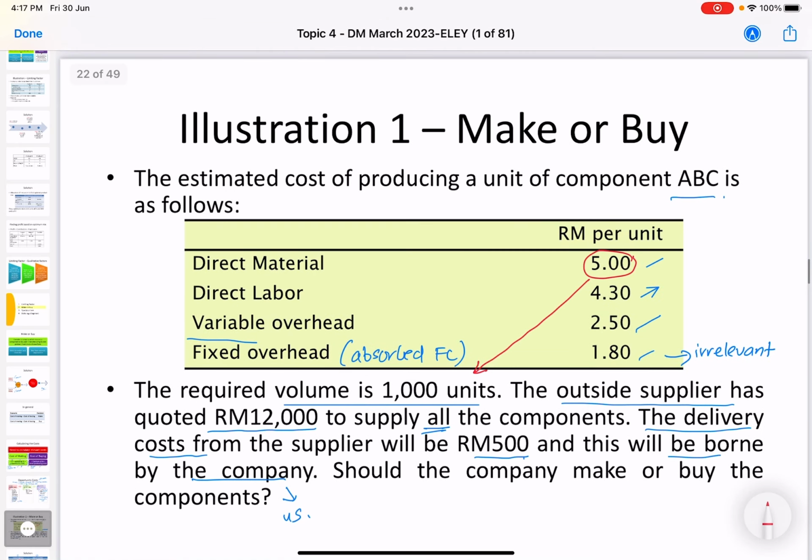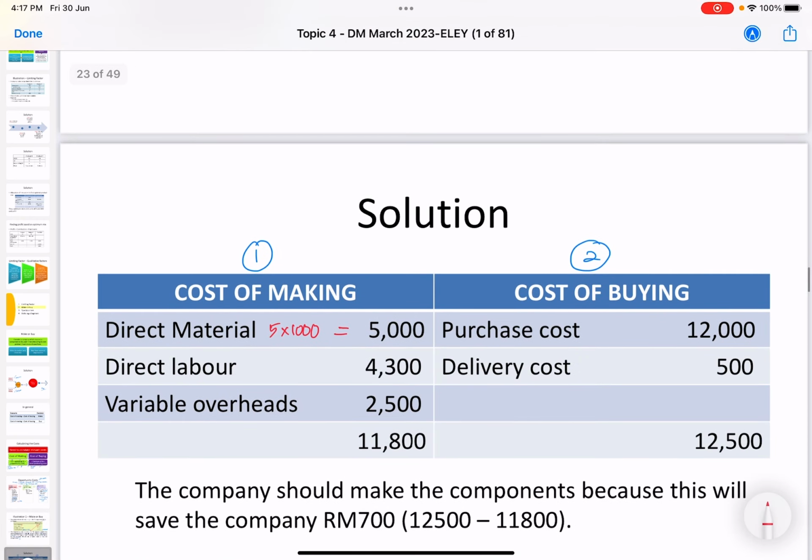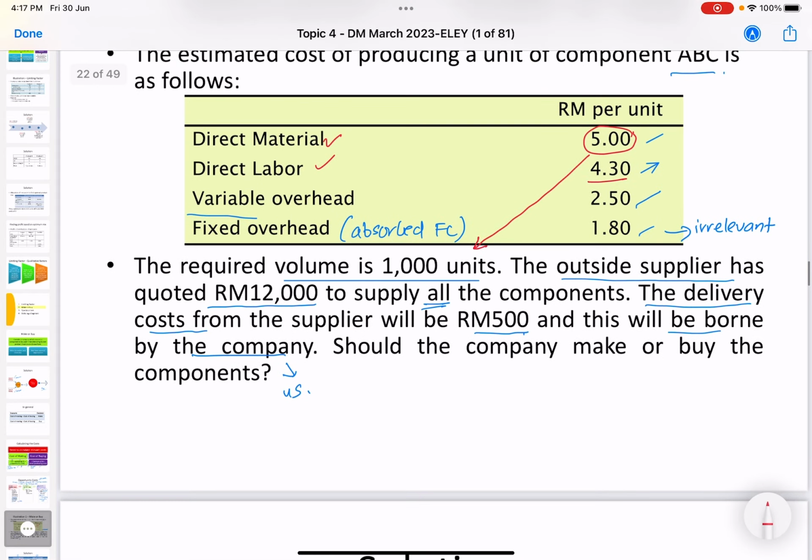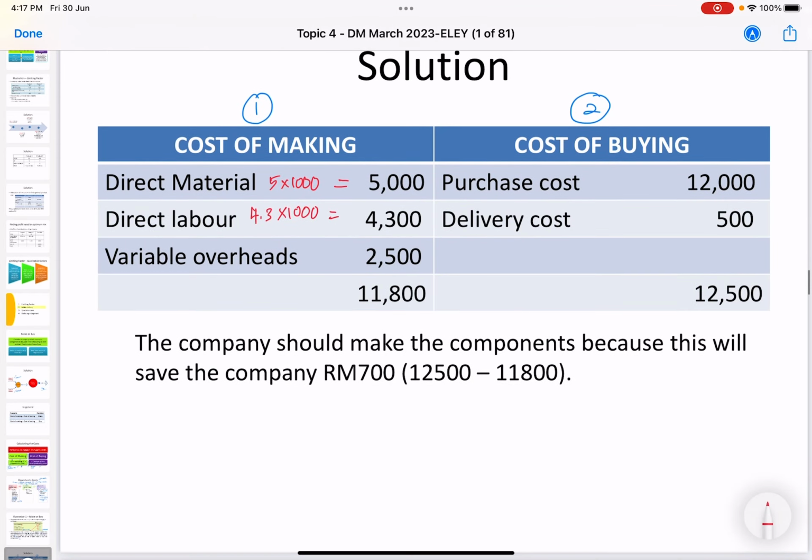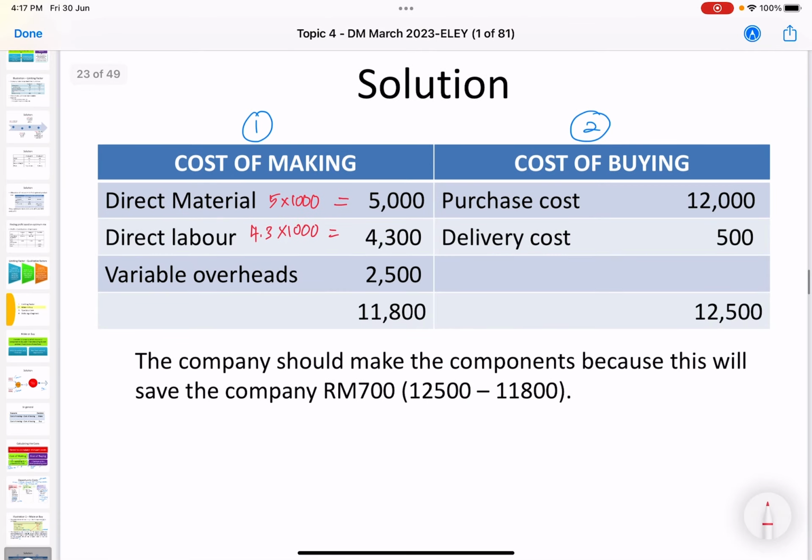Another variable cost is direct labor, which is 4 ringgit 30. So 4 ringgit 30 times 1,000 gives us 4,300. Similarly, for variable overheads, we have 2 ringgit 50. So 2.5 times 1,000 will be 2,500.